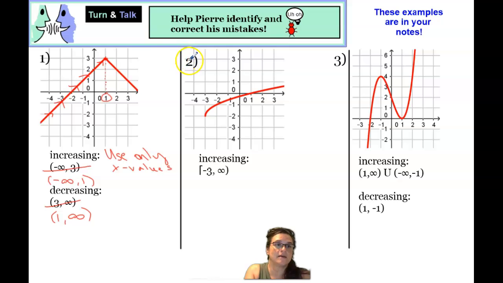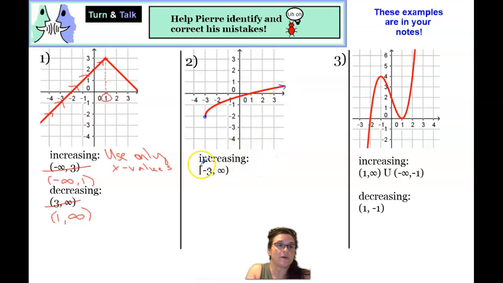Okay, in example 2, we see that we've got a square root function here. Its endpoint is located at -3, and it is heading off to positive infinity in both the x and the y direction. So -3 is the correct lower bound, infinity is the correct upper bound.